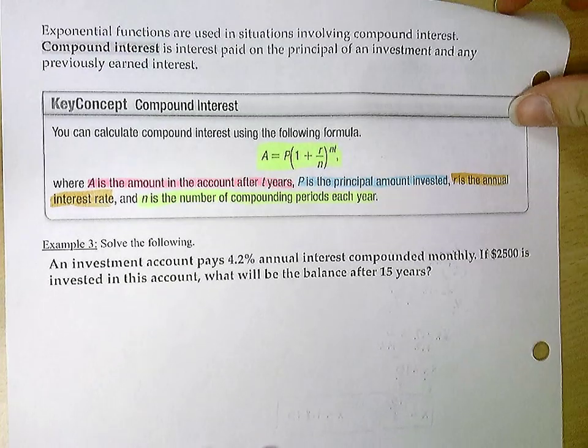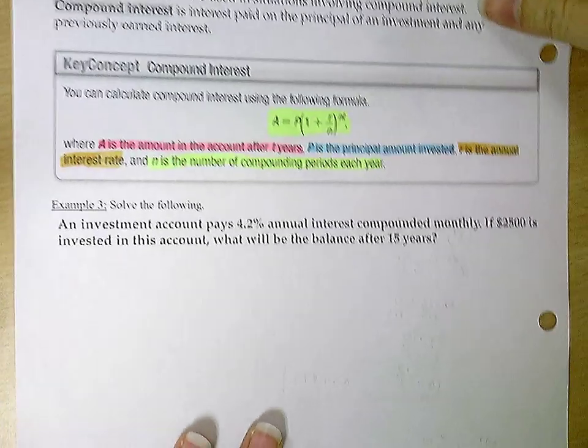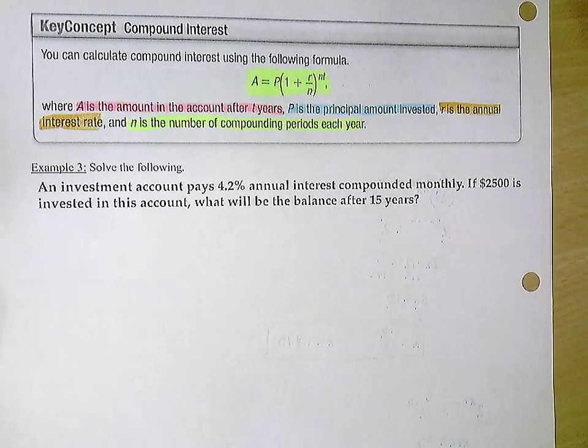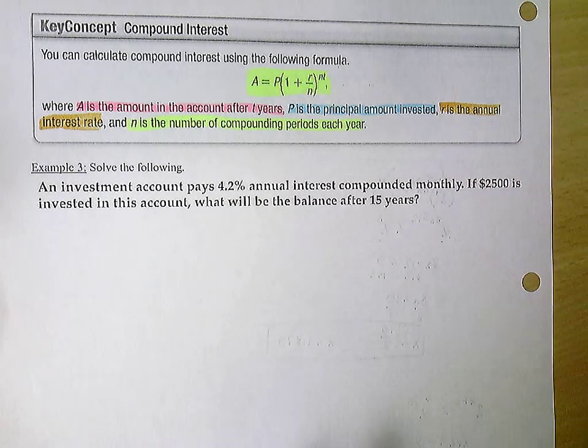So, looking at our example, I did highlight this in different colors so I could point it out here. An investment account pays 4.2% annual interest compounded monthly. So that 4.2% is your interest rate, which I highlighted here as orange.